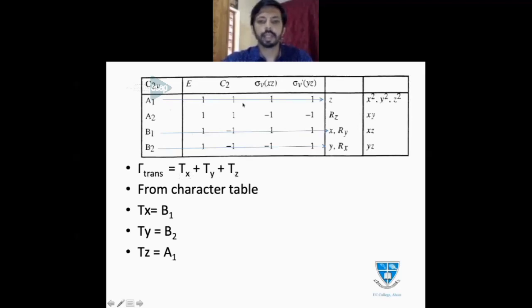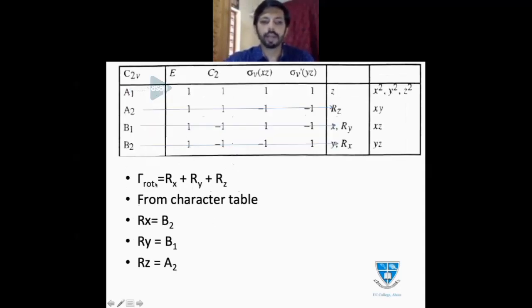Here we can see that x has the symmetry B1, so Tx is equal to B1. For Ty, looking at the character table, the symmetry element for y is B2. Then for Tz it is A1. So Tx is B1, Ty is B2, and Tz is A1.